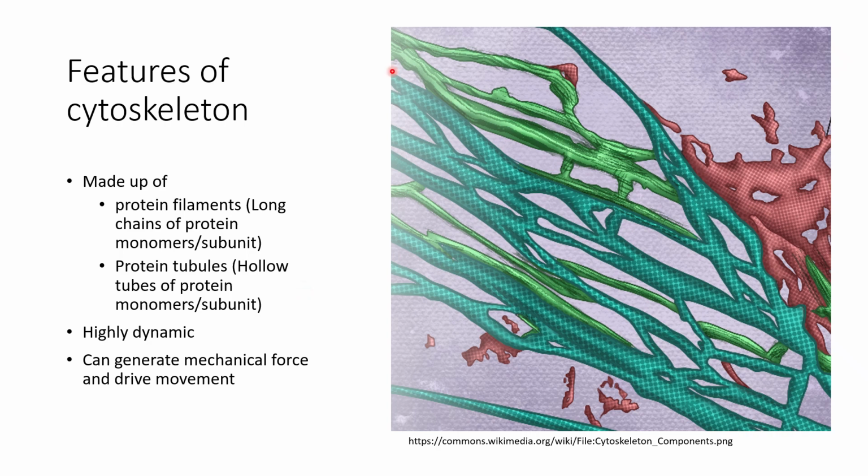It can rapidly assemble and disassemble its components such as microfilaments, intermediate filaments, and microtubules by adding or removing protein subunits. It can also rearrange its network by cross-linking, branching, sliding, or bending its filaments.